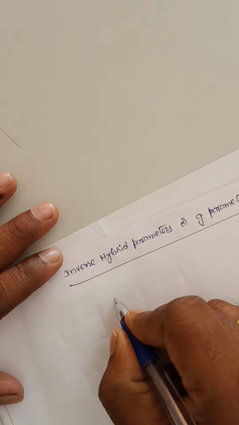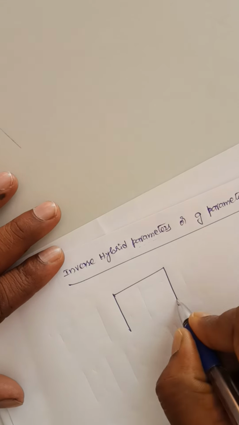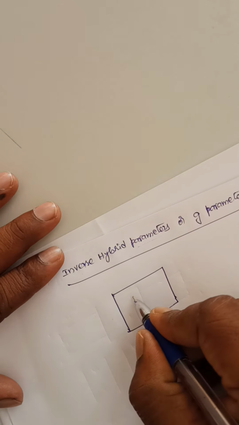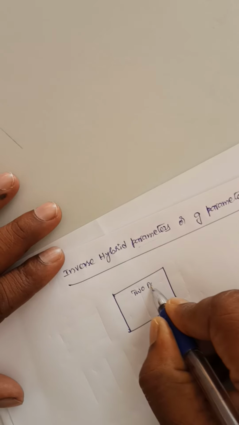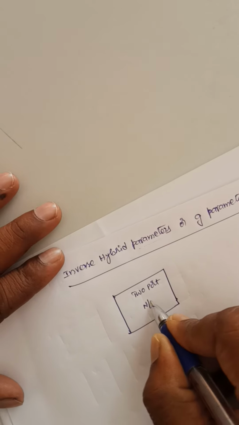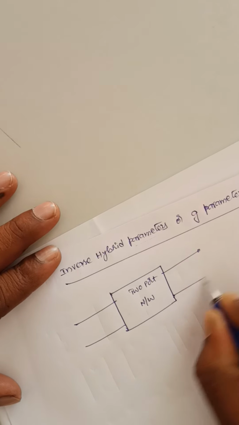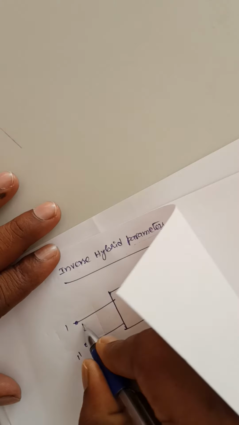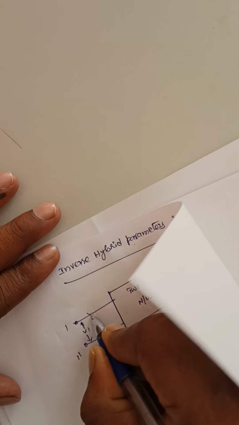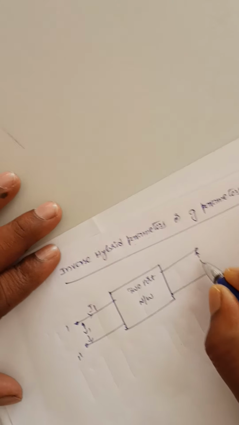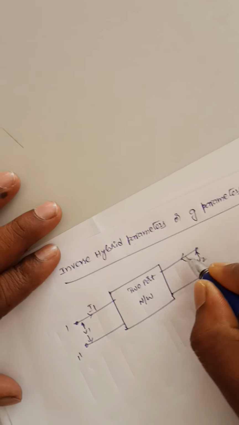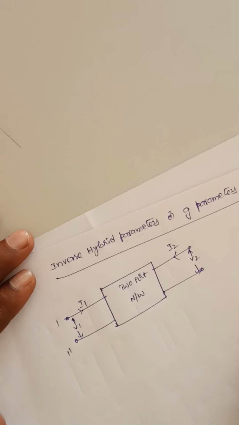So in the inverse hybrid parameters, you see the same two-port network. Input port is one, one dash, V1 I1, and V2, I2.